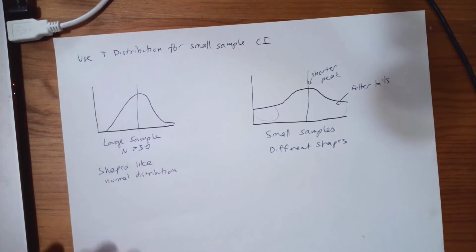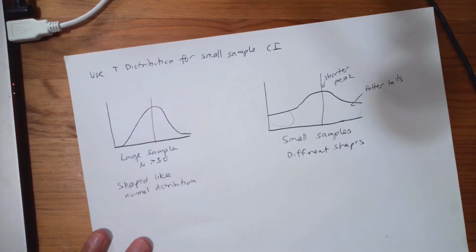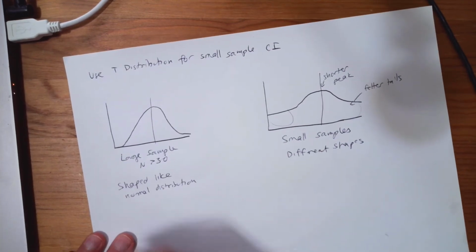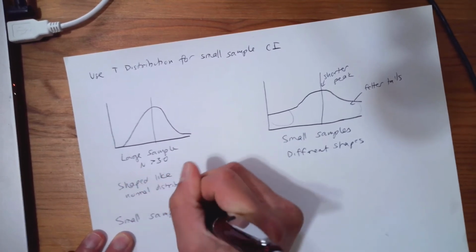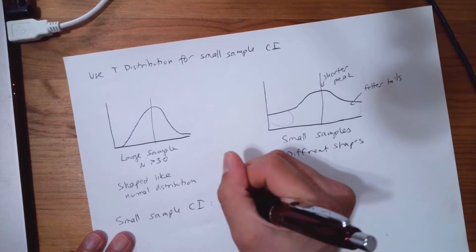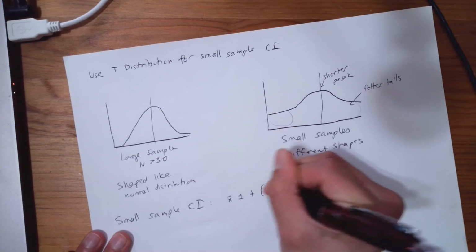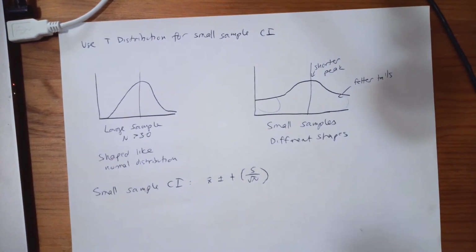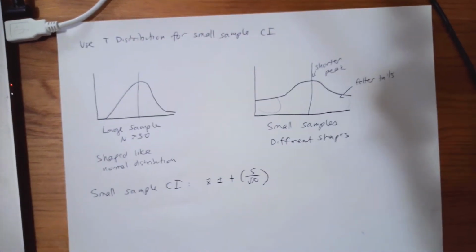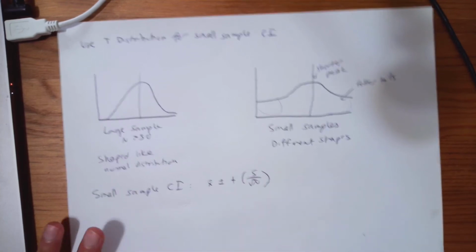If you're calculating a confidence interval for a small sample, you would use the following formula. Where everything is the same as in the last couple of examples, except that you're using a critical t statistic instead of a critical z-value.